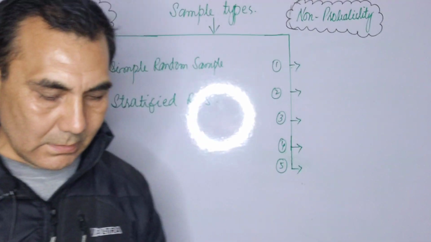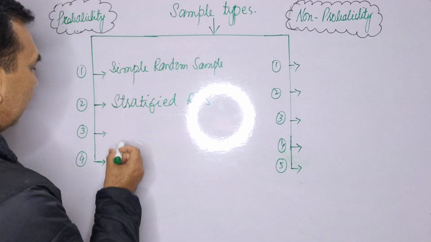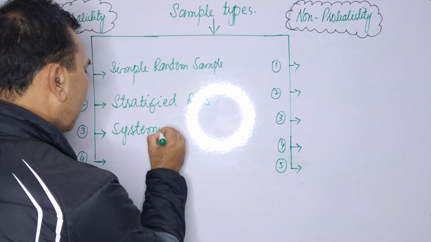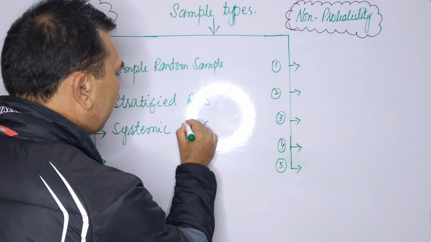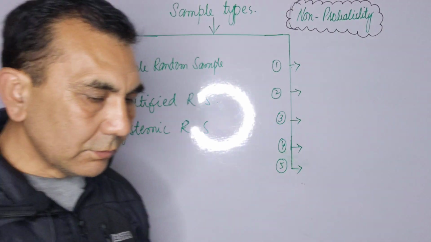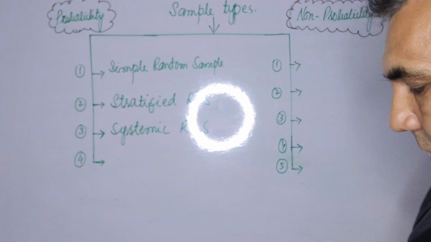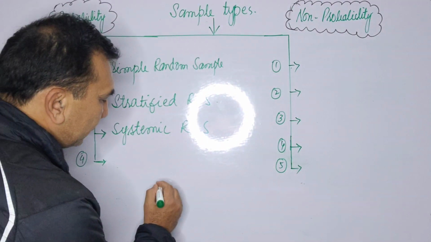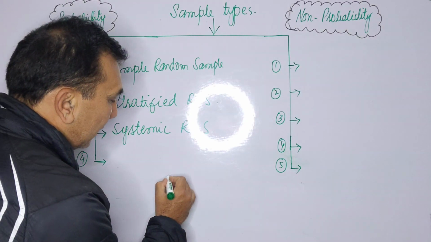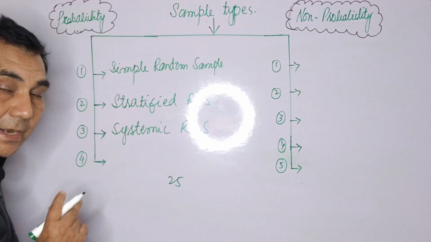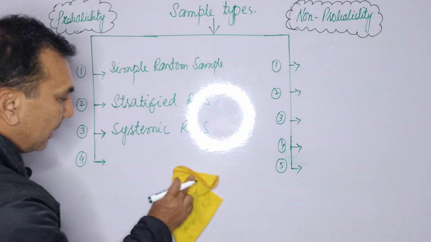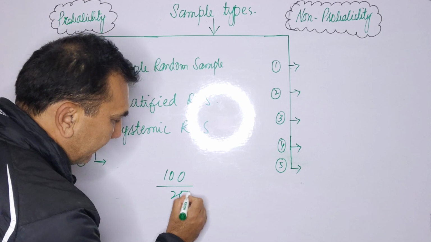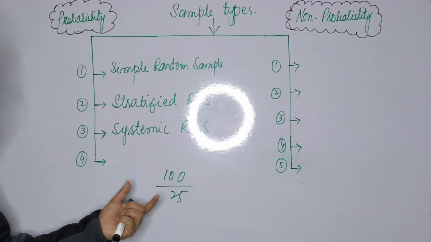Okay. Now the third one is called systematic sampling, or systematic random sampling. In systematic random sampling, suppose a researcher wants to select 25 students in a systematic way from 100 students of the population. So what is the method?